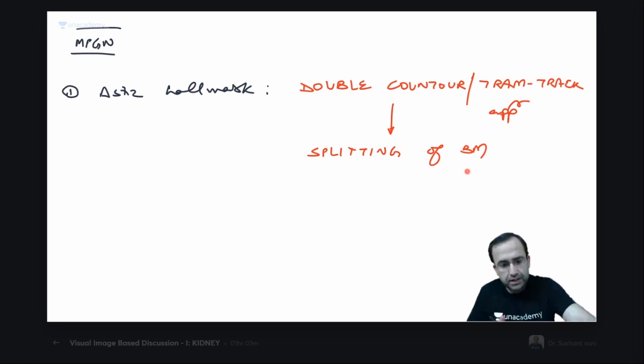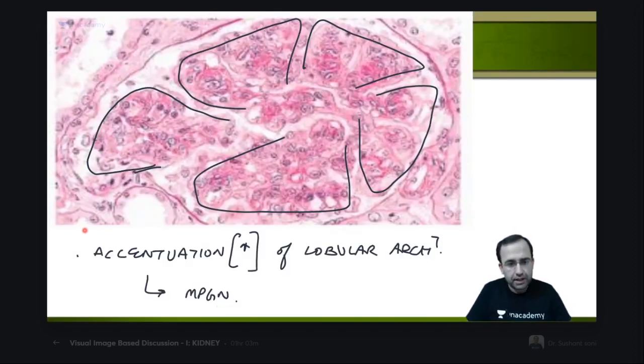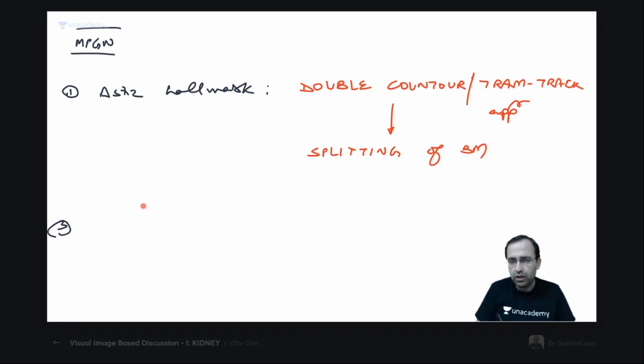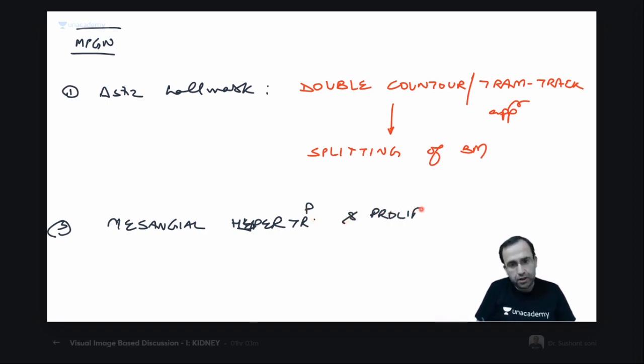Next, we have already seen that it is associated with accentuation of lobular architecture. The hallmark was double contour or the tram track appearance. Next point, it is associated with mesangial hypertrophy and proliferation. The only point to be noted here is that neutrophilic infiltration is also seen.